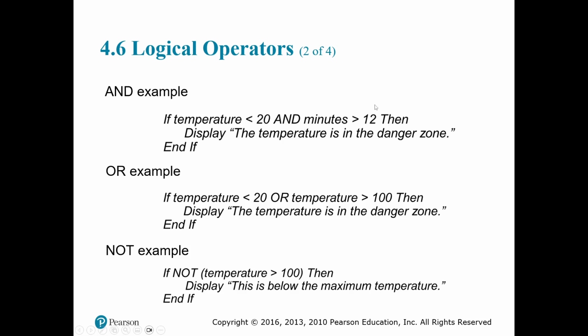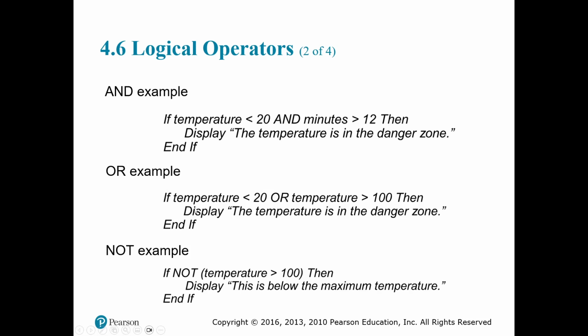These two are called the conditions, and this is our logical operator that's going to connect the two for us. Okay, so the computer will display the temperature is in the danger zone only if temperature is less than 20 and minutes are greater than 12. If minutes are less than 12 or if temperature is not less than 20, this piece of code will just be skipped. Okay, so let's move on to the or example.